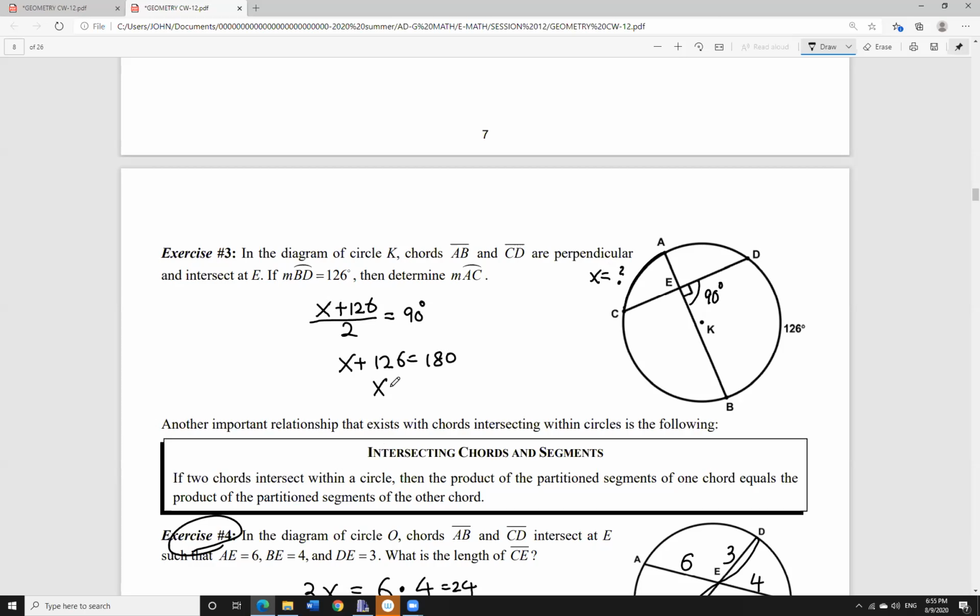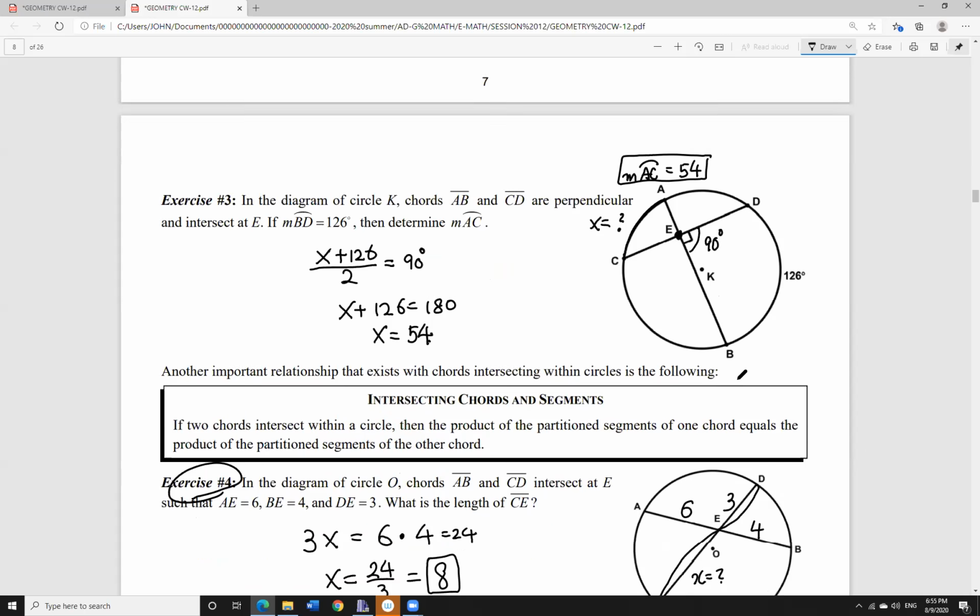So when you subtract 126, x equals 54, right? This measure of angle AC equals 54. I just used the formula where we intersect inside.